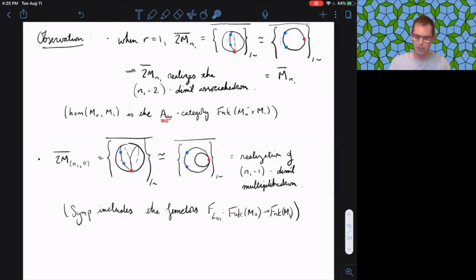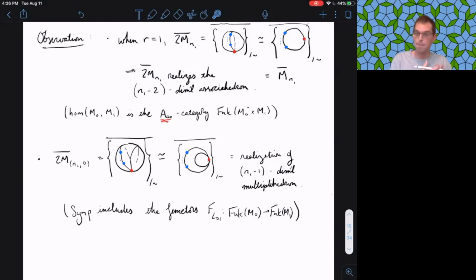And then the other specialization is that when we have two circles and one of them has no marked points on it, that's the same thing as disks with one interior circle tangent to the boundary at one point with boundary marked points. And as we said before, that's a realization of the multiplehedra.